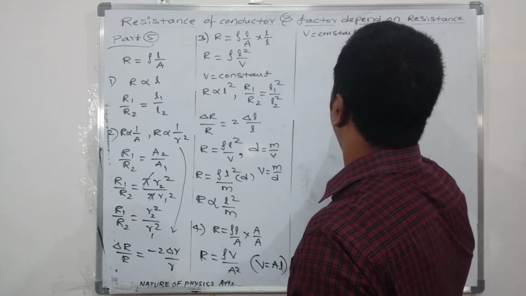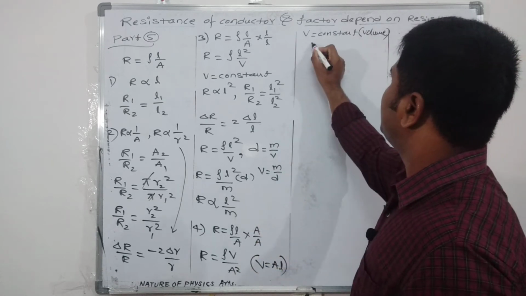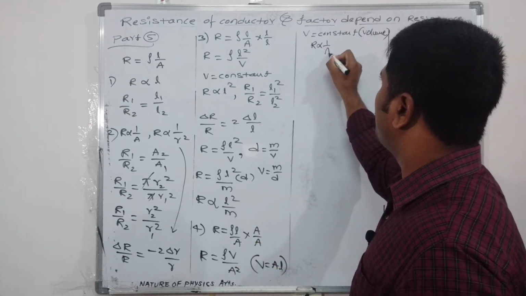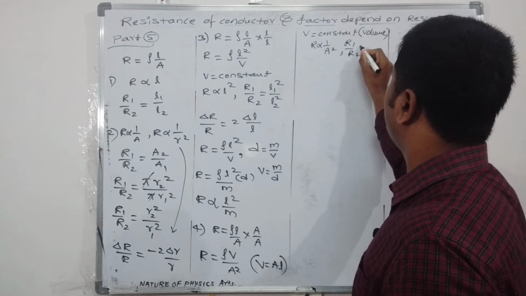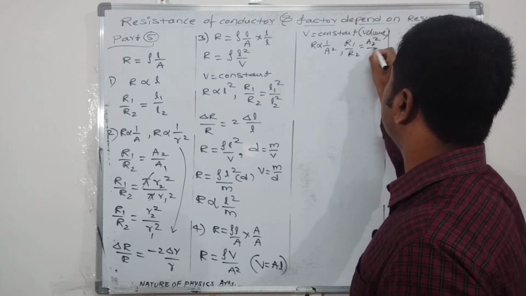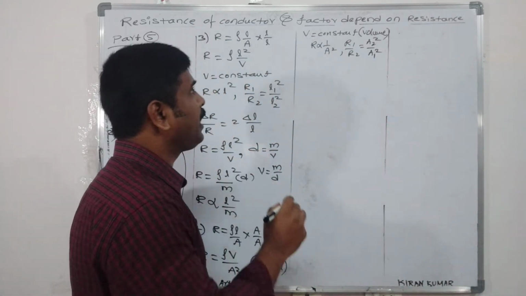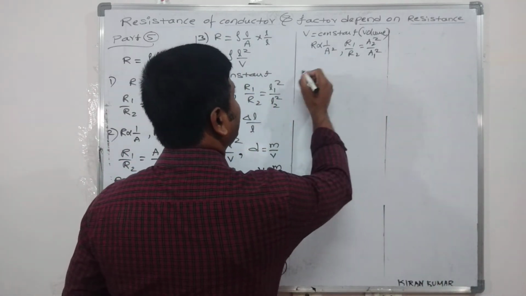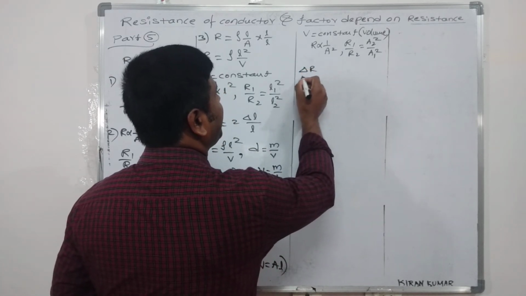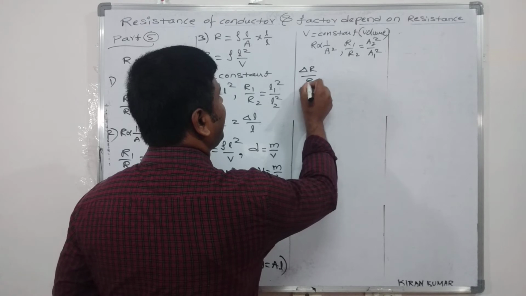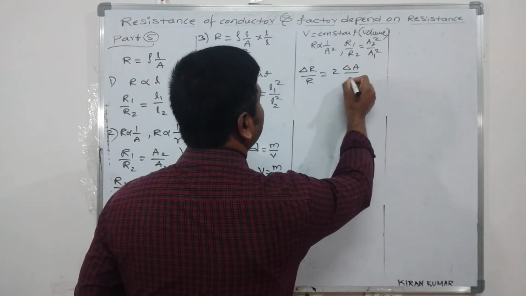V is the volume. So now resistance is inversely proportional to the A square. So R1 by R2 is equal to A2 square by A1 square. And here delta R divided by R is equal to 2 into delta A divided by A.